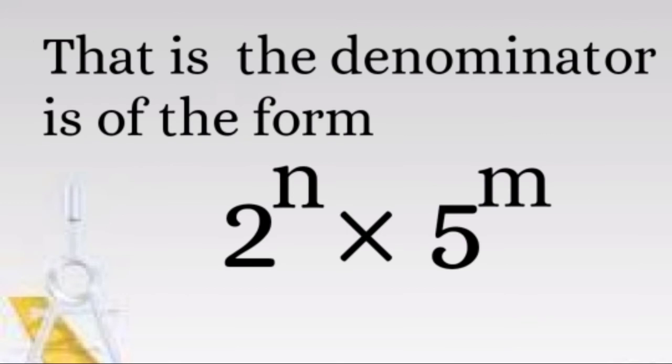That is, if the decimal expansion of a rational number terminates, then its denominator is of the form 2 raised to n into 5 raised to m.